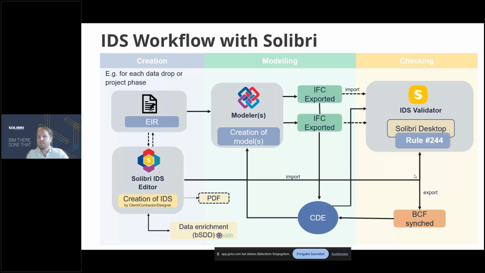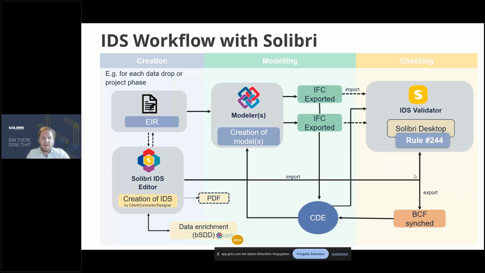And if you have spotted some issues, then it's the normal process. You are creating issues and then syncing them to your CDE or issue management system. And then the BIM modeler is able to fetch that issue and do some rework.